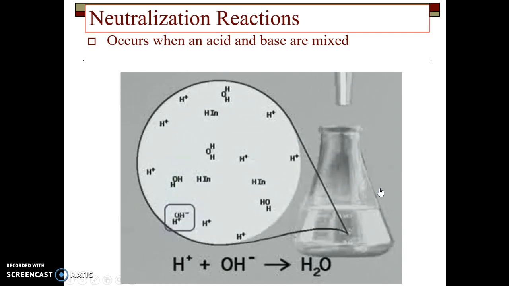As they combine together, they form water. You can see the equation down below. And of course, water is neither acidic nor basic, so this is becoming less and less acidic as we watch.